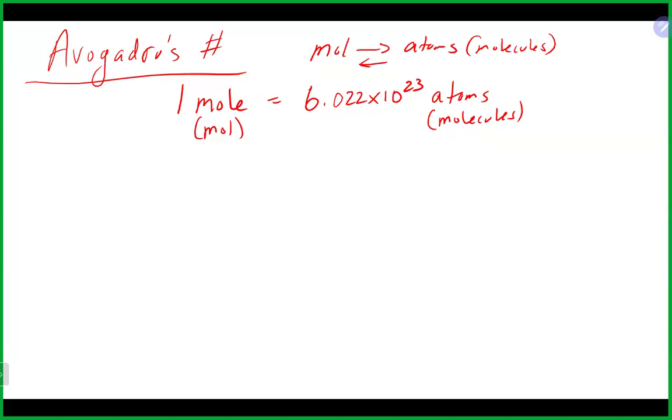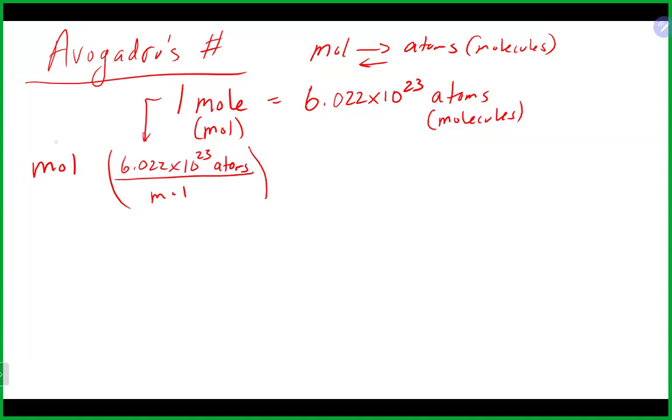That's a really good indication that you probably should use Avogadro's number somewhere in that calculation. If you have moles and you want atoms or molecules, you're going to multiply by Avogadro's number. So you'll take 6.022 up on top times 10 to the 23. Again, these could be atoms or molecules up on top, and the mole would be on the bottom. So that's basically the conversion factor that you could get.